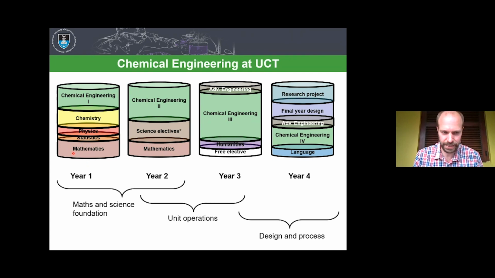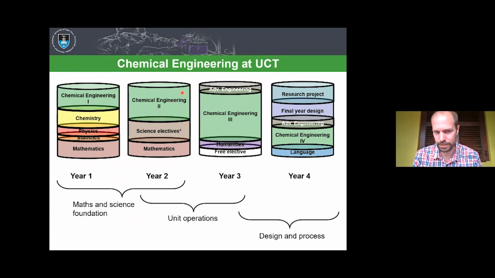You can carry one of, not chemistry, but stats and maths. If you fail one of them in first year, it can be carried to second year. The chemical engineering one, you can't. That's a big full year course. You need to pass that plus enough of the others to then move to second year.